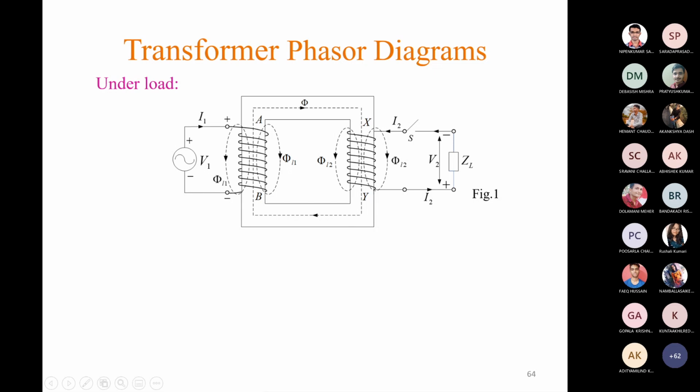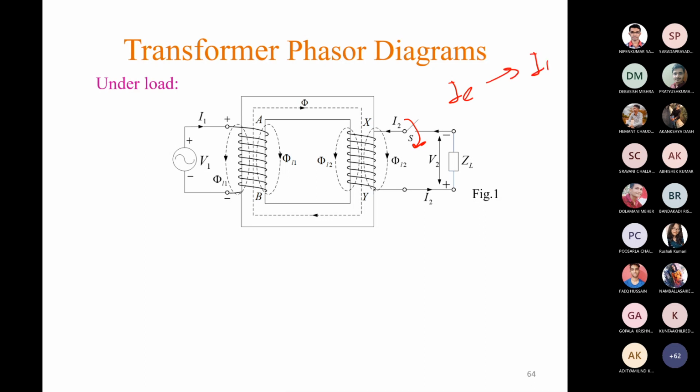Now under loaded condition, when this switch is closed, there will be a current flowing through the secondary winding, and we have already seen that due to the presence of this current, the primary current will increase from IE to I1.